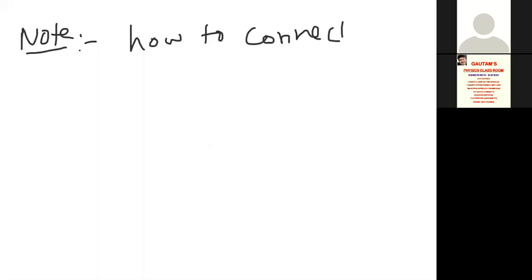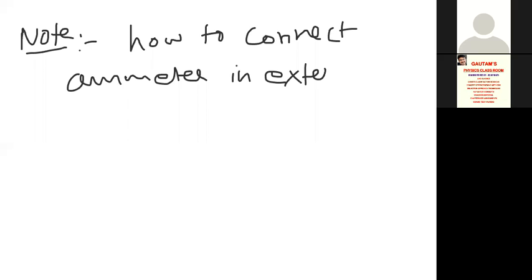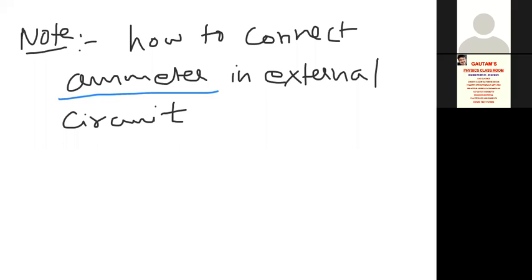Now one more important note point is how to connect an ammeter in an external circuit. Remember, don't get confused on this point. Here they are asking how to connect the ammeter, a current measuring, current carrying instrument.